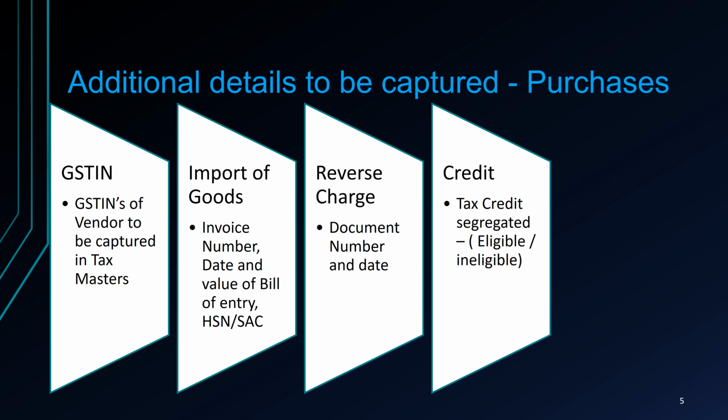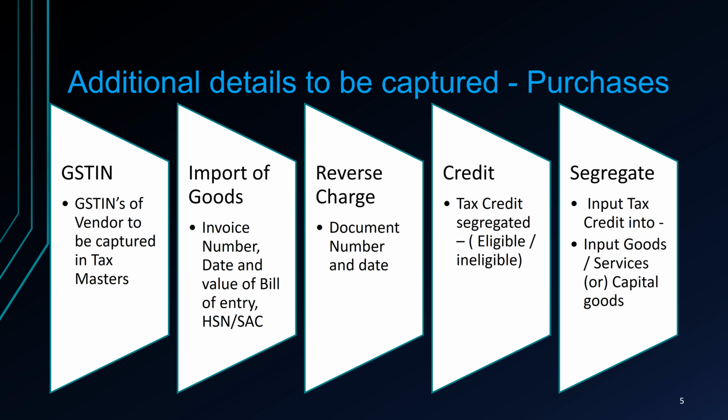The credits availed have to be segregated between eligible and ineligible. In the next slide I will talk more about that. And you also have to segregate between capital goods, and inputs on goods or services.